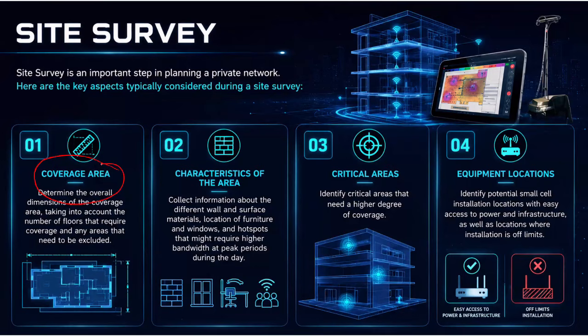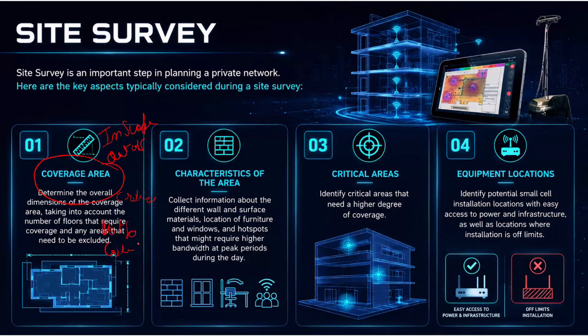For example, only in the production area, warehouse, offices, conference rooms, loading docks, or any specific area? There may also be some restricted areas where coverage is not needed. So during the survey, we clearly identify the areas that are in scope and out of scope. Also, we can determine which are the critical areas and which are not. Right? This we can see.